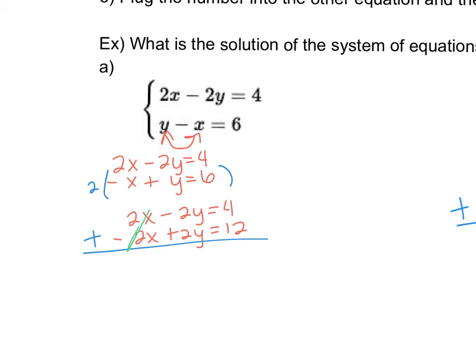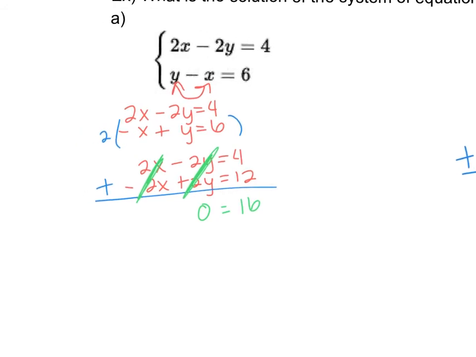Oh, looky here, the x's cancel and the y's cancel. So you would have 0 equals 16. Since the variables have both canceled, it's going to be a special solution. So is this true? Does 0 equal 16? No, it does not. So there is no solution, which means these lines are parallel.